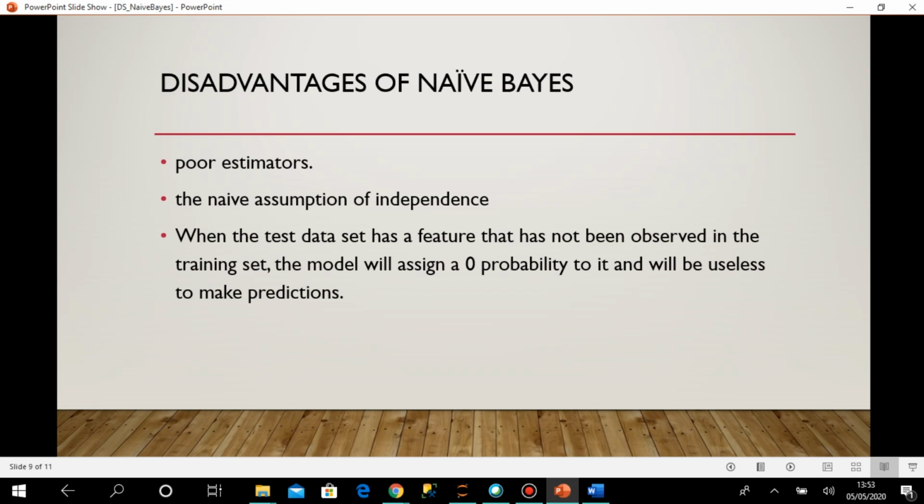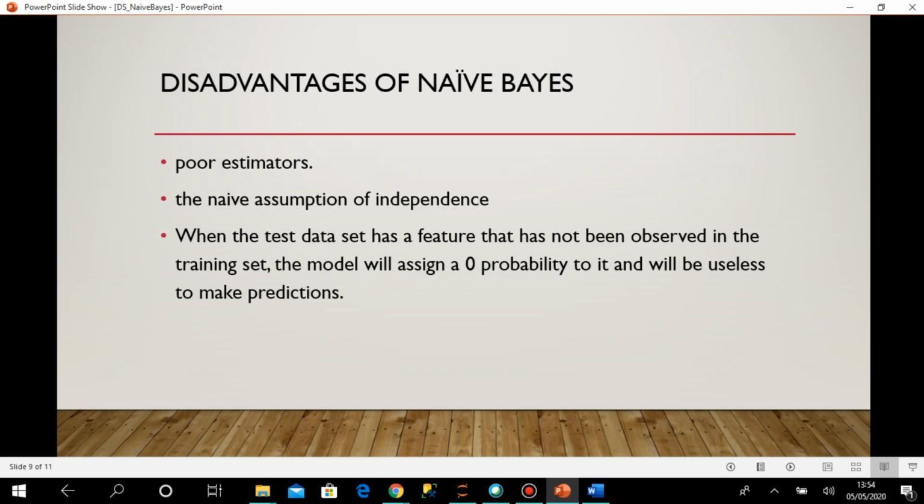When the test data set has a feature that has not been observed in the training set, the model will assign a zero probability to it and will be useless for making predictions. That's a problem. Here, in the training data set I calculate the probability for each of the features and save it, and when the test data comes, I compare with that only.